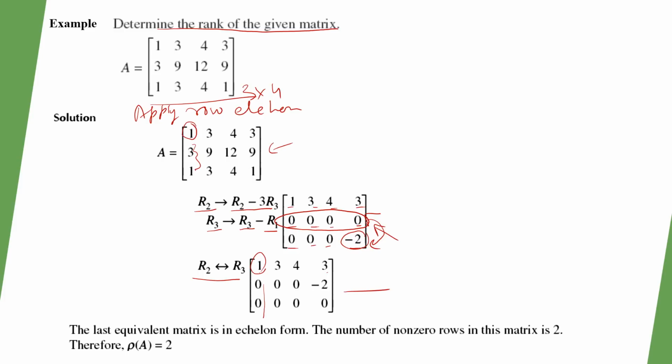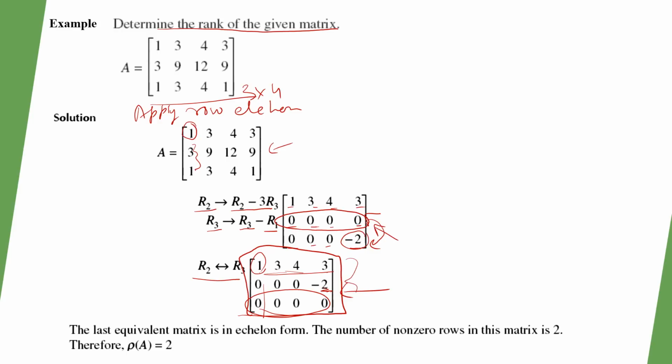So we get this matrix, and this is an Echelon form because there are two conditions in the definition of Echelon form: the leading element of every non-zero row is strictly to the right of the leading element of the row above, and all rows consisting only of zeros are at the bottom.